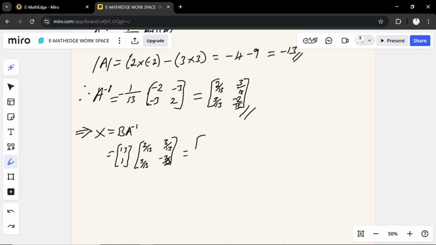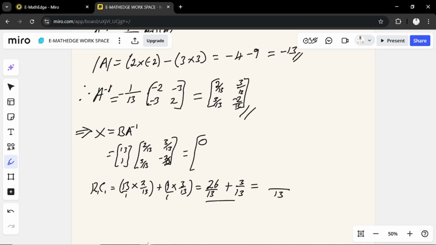So multiplying these two matrices, to obtain the element in the first row, first column, we multiply this column matrix by the first row, such that, let's write it down, first row, first column is going to be 13 multiplied by 2 all over 13, plus 1 multiplied by 3 all over 13. 13 multiplied by 2, we are going to have 26 all over 1 multiplied by 13, we are going to have 13, plus, taking this to be a fraction as well, 1 times 3 is going to be 3 all over 1 times 13 is going to give us 13 as well.